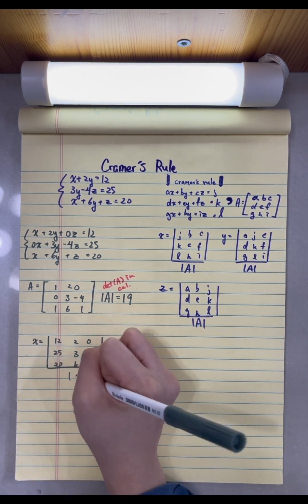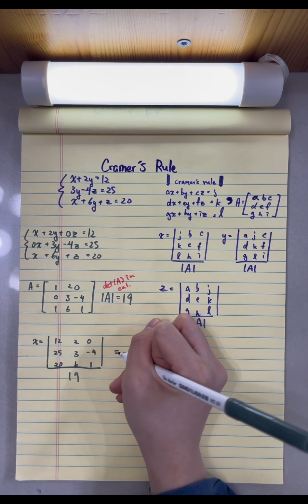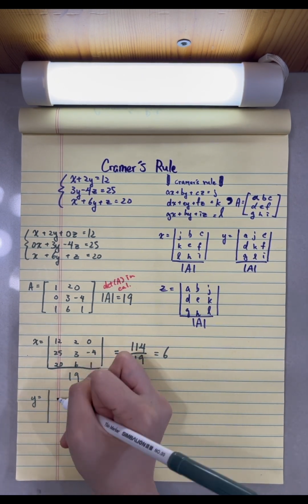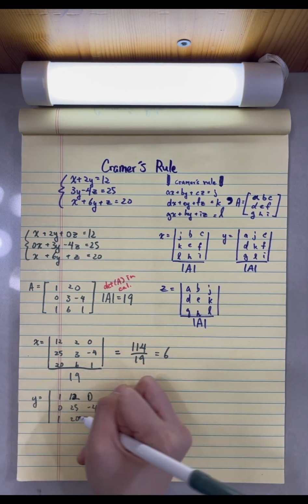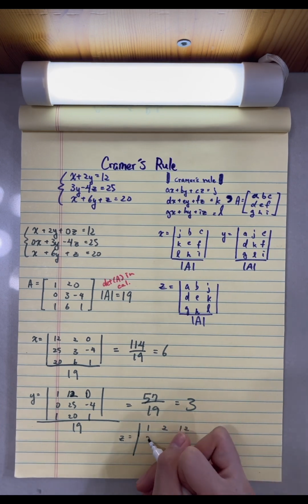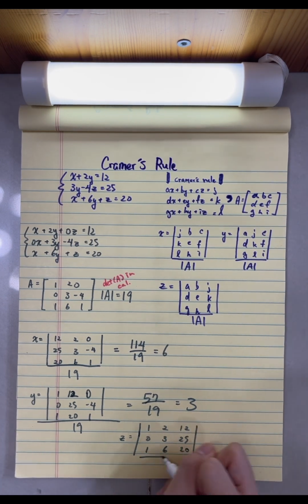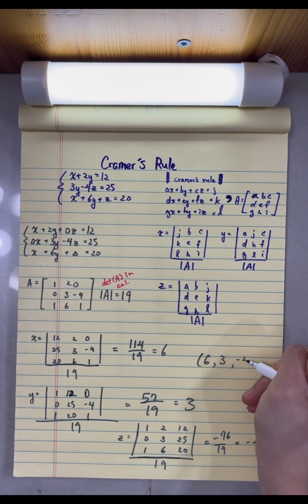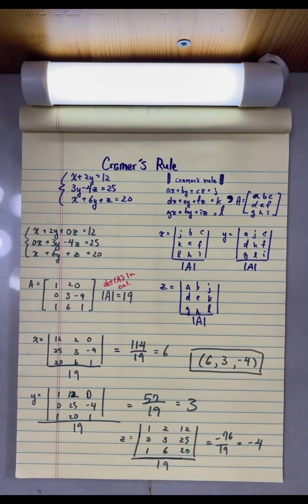With the help of a calculator, we will get 114 over 19, which is 6. The same process will be used to find the value of y and z. y equals 3 and z equals -4. As a summary, our answers are 6, 3, and -4.